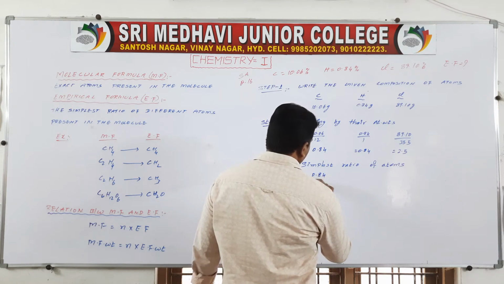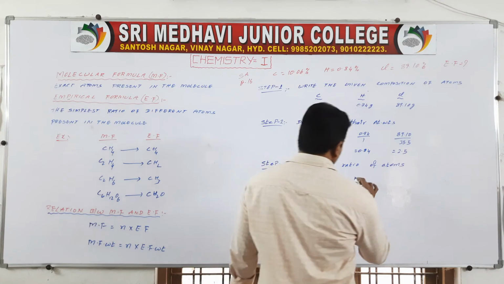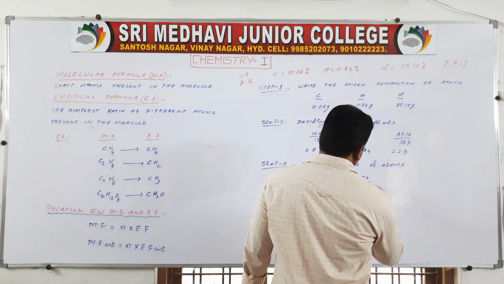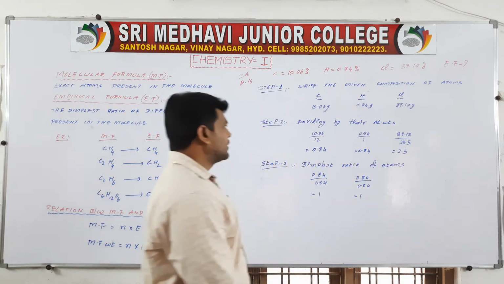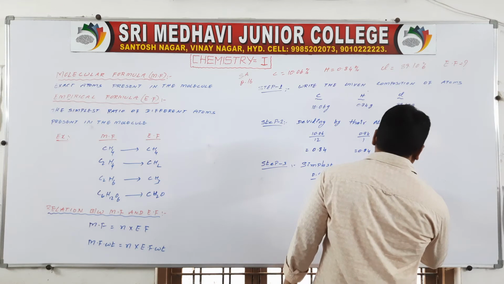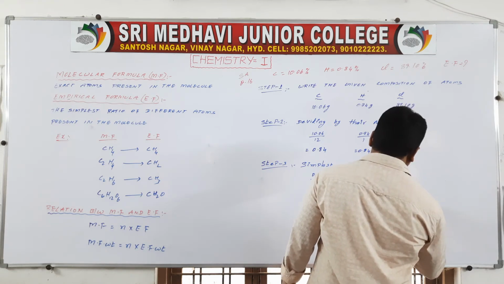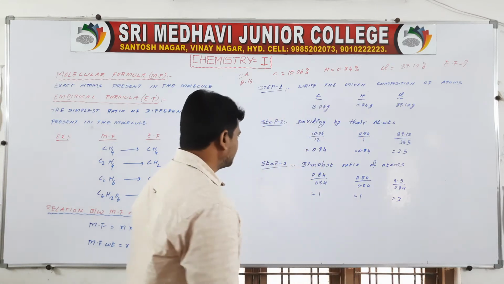So 0.84 by 0.84 is equal to 1. Here also 0.84 by 0.84 is equal to 1. Here it is 2.5 by 0.84, which is nearly 3.